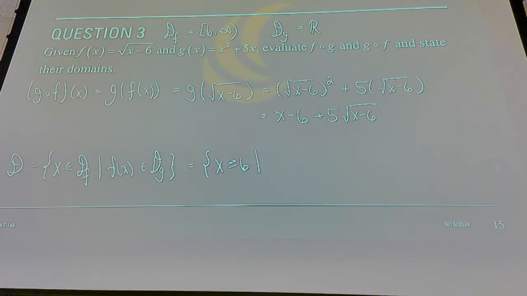Such that the square root of x minus 6 is a real number. That "∈" means element of, in. Right? In the case of a set of real numbers, you typically shorthand that as "is a real number."